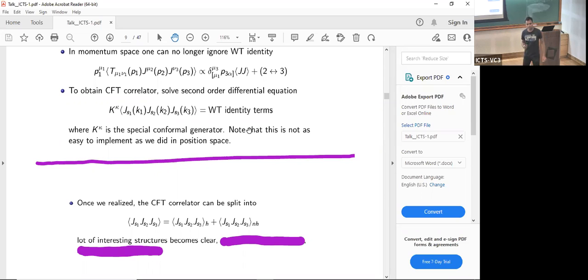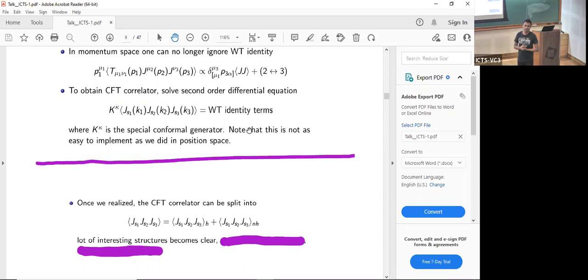You're saying 4 different possibilities, again the different sheets? Yeah, different sheets. For a 3-point function you can have 8 different possibilities, 2 to the 3, but 4 of them are identical to the other 4 by complex conjugation. And in momentum space, in one dimension, at least, you can show that they are precisely equivalent to what you get by solving these equations.